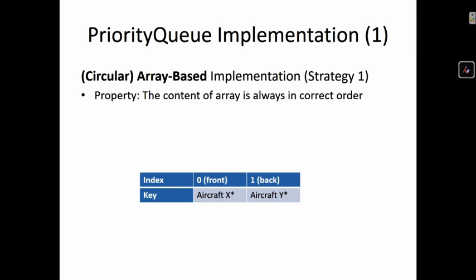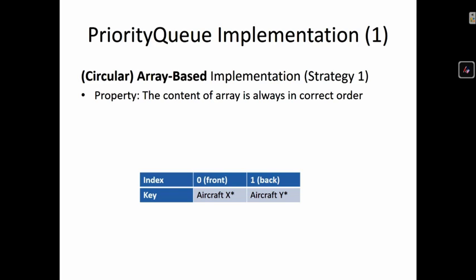There's a property that needs to be maintained in this implementation: the content of your circular array is always in the correct order, meaning that the one of the highest priority is always at the head of the queue, and the one of the lowest priority at the back of the queue. So you can imagine that they are sort of in sorted order according to their priority.